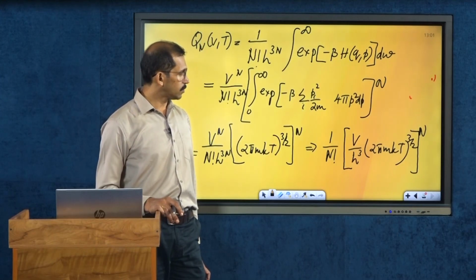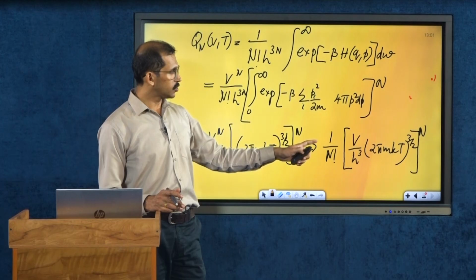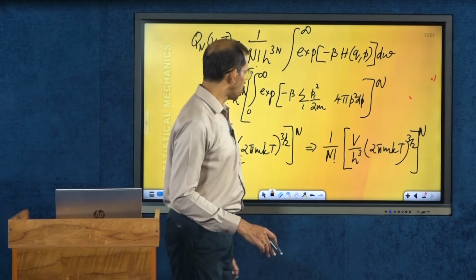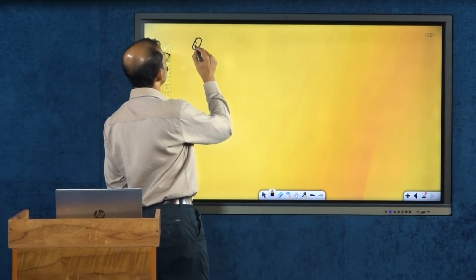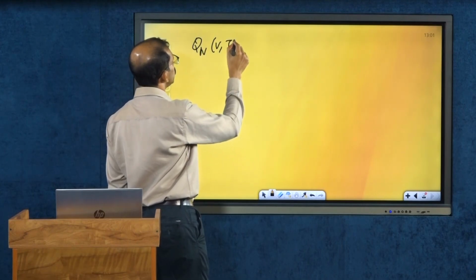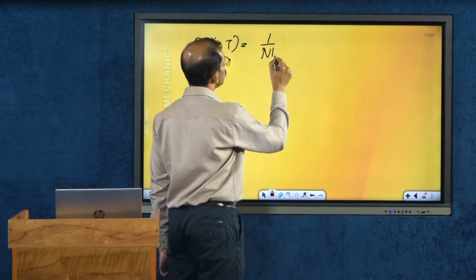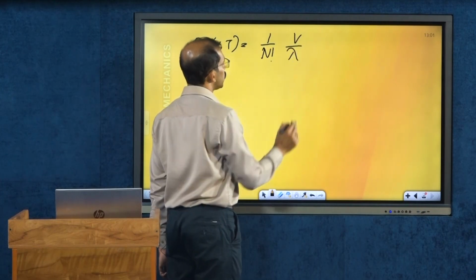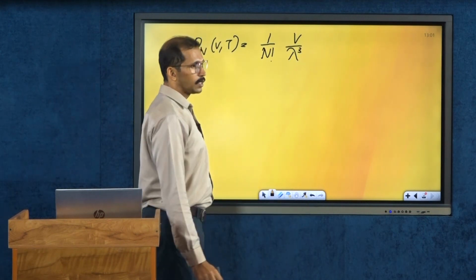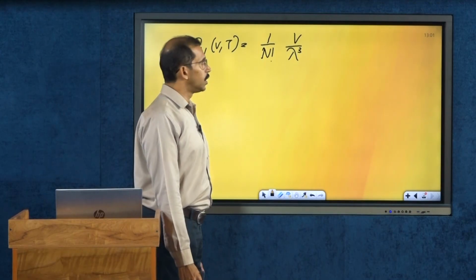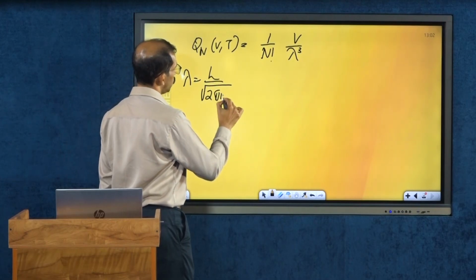So this 2 pi m kT raised to 3 by 2, I can simplify based on the de Broglie wavelength and write the expression as Q_N V T is equal to 1 by n factorial, V by lambda cubed, because lambda is equal to h by root of 2 pi m kT.